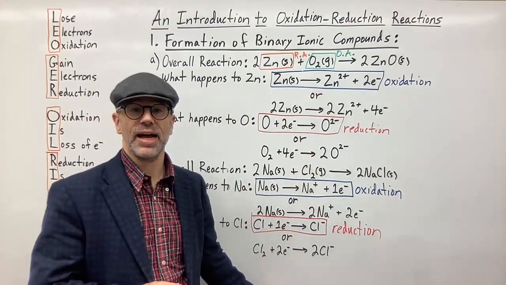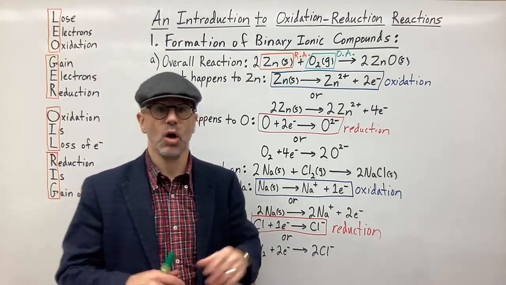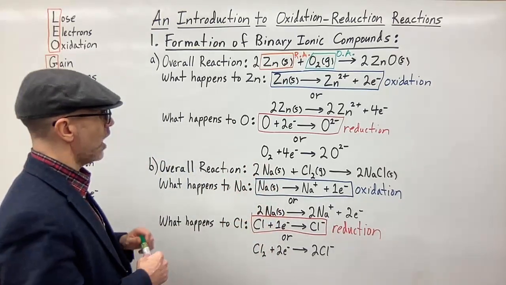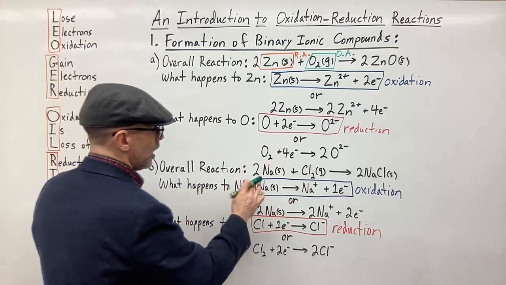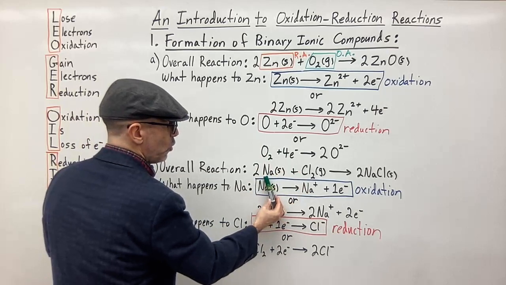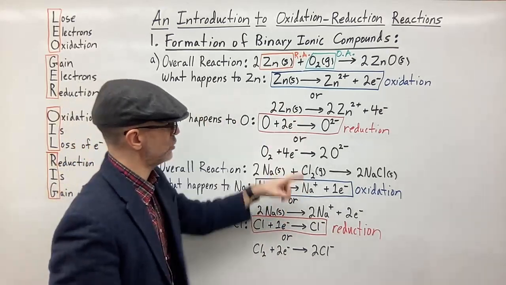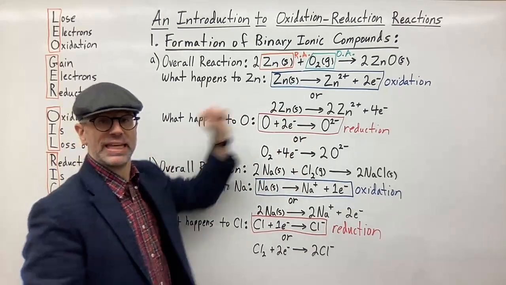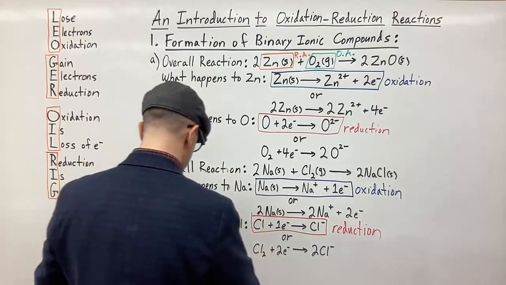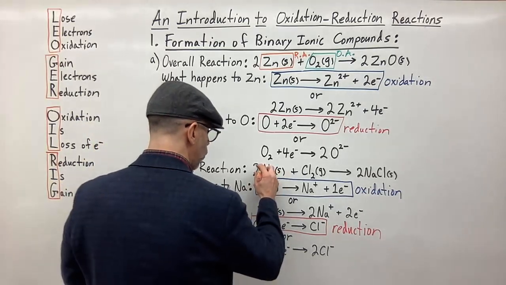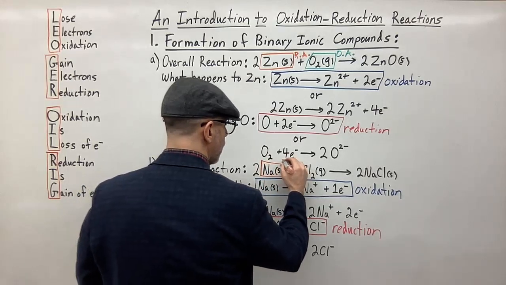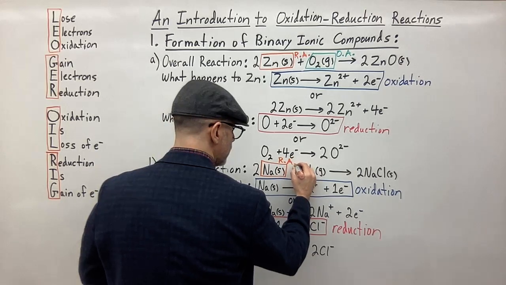Now, the other thing I have to say. Oh well, let me go over this, and I'll finish up with my last comment. So here, again, same thing going on here. We have sodium. Sodium metal is giving the electrons to chlorine. By giving the electrons to chlorine, it's causing chlorine to be reduced. So in this case, sodium here would be the reducing agent, Ra.